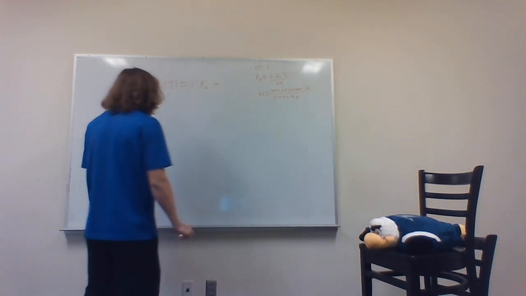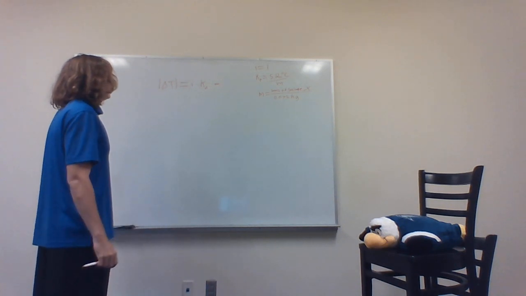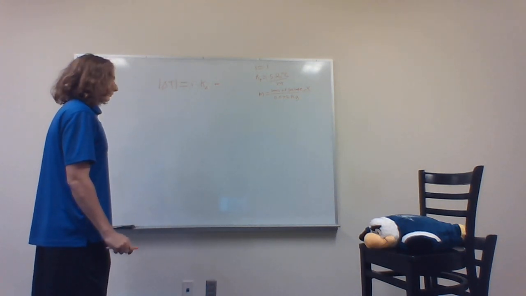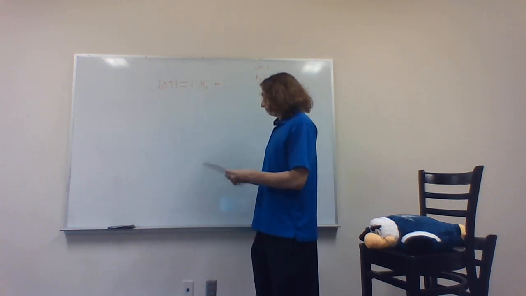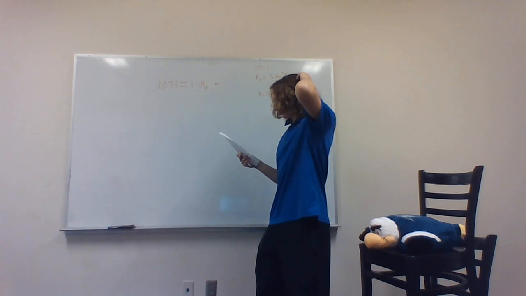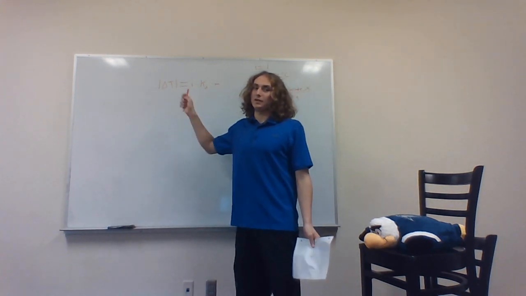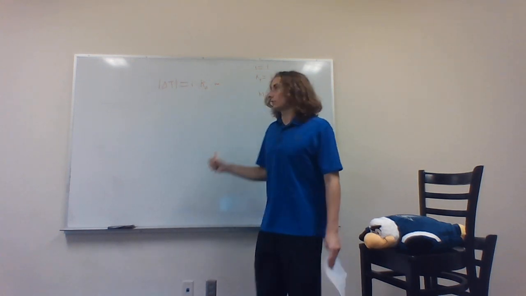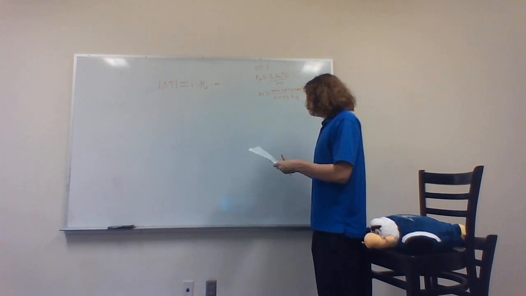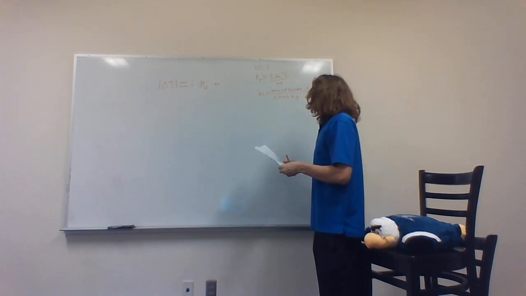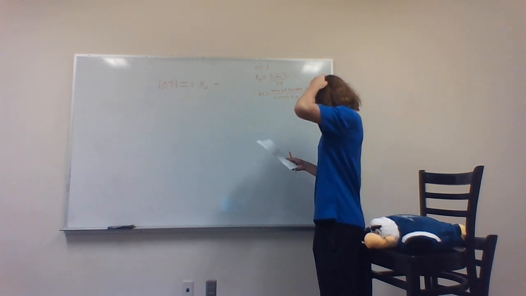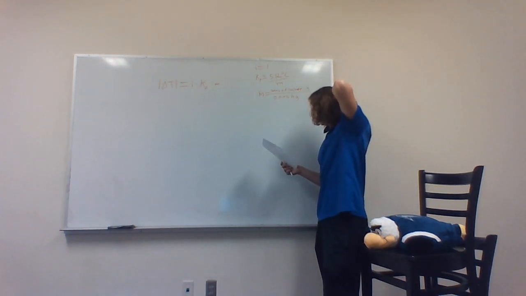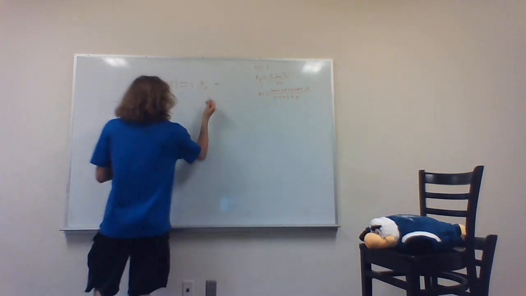I believe there are 2 ways to do this problem. You could just plug in all your numbers and then solve for m, or you could get m alone. Okay, let's go ahead and get m alone.